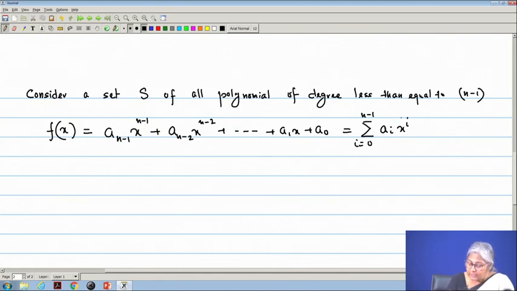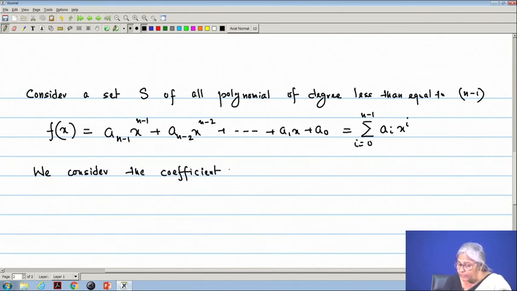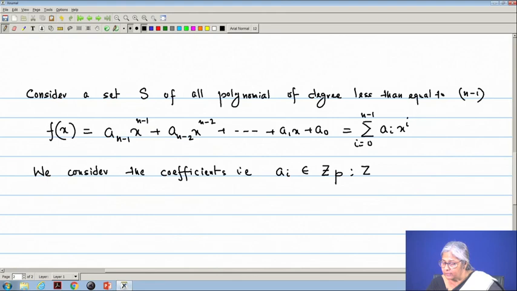Now, we consider the coefficients: each a_i belongs to Z_p. That means, we have defined Z_p as 0 to p minus 1.